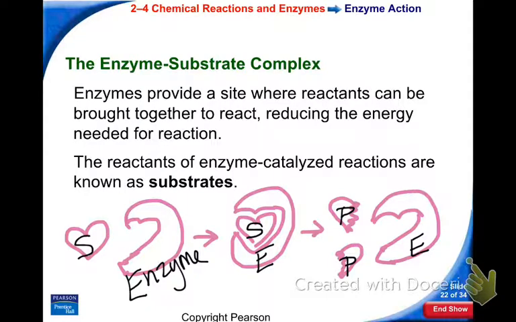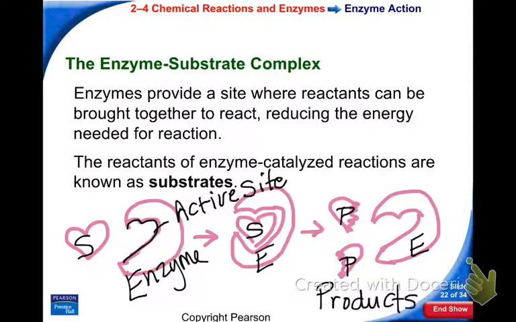So that's why we call it Heartbreak Ace. Doesn't really exist, but it's a good analogy. So your substrate bonds with the enzyme. Now we call this position here the active site. The active site is the place where the enzyme and the substrate come in contact with each other. And then this is P for products.